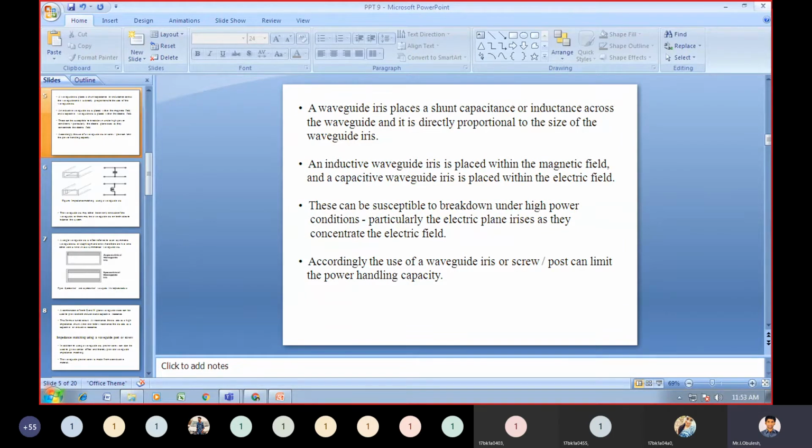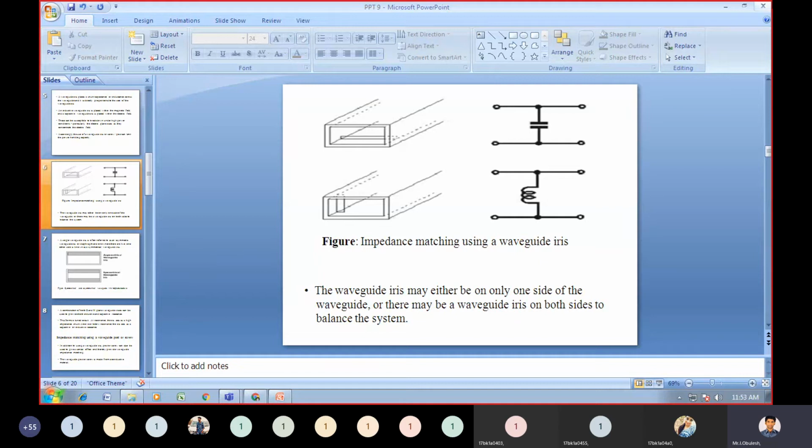So this is the impedance matching using waveguide irises. See from this diagram: this is the capacitive waveguide iris, and this is the inductive waveguide iris.